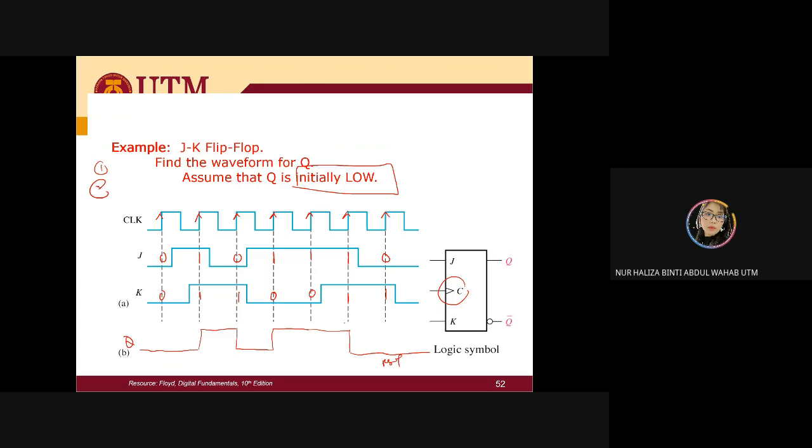Reset, toggle, set, reset, toggle, no change. So this is your output.